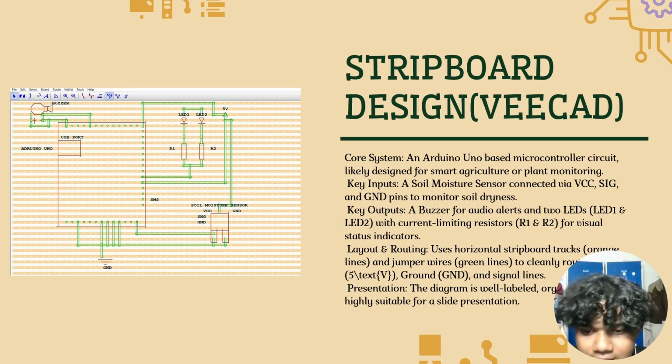Two outputs: a buzzer for audio alert and two LEDs, LED1 and LED2, with current limiting resistors R1 and R2 for visual status indicators. For the layout and routing, it uses horizontal schematic tracks in orange lines and jumper wires in green lines to cleanly route 5 volt and ground, and also signal lines.